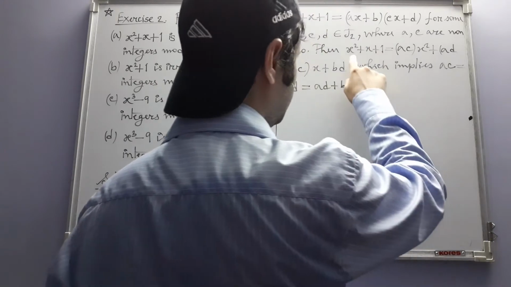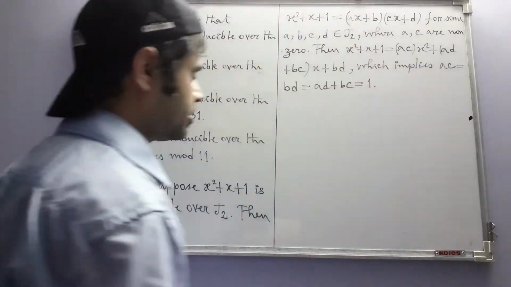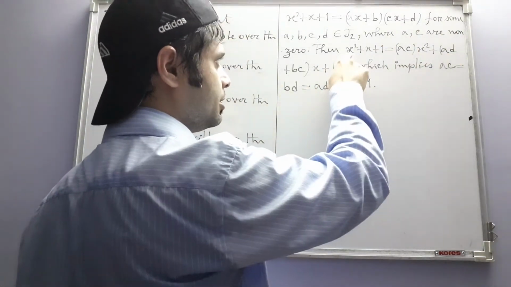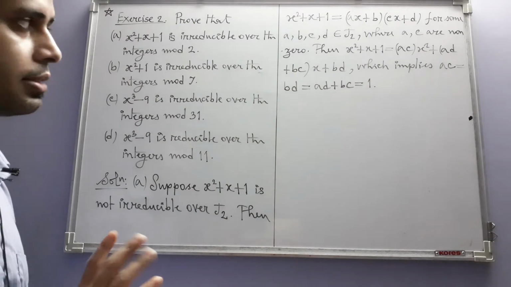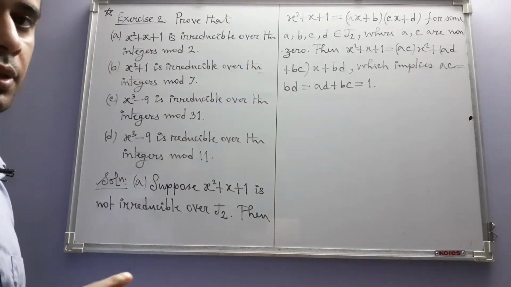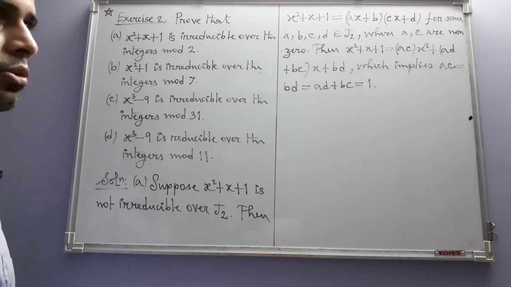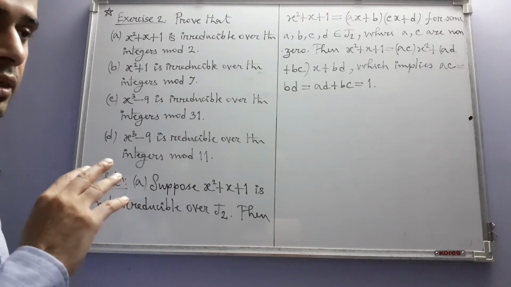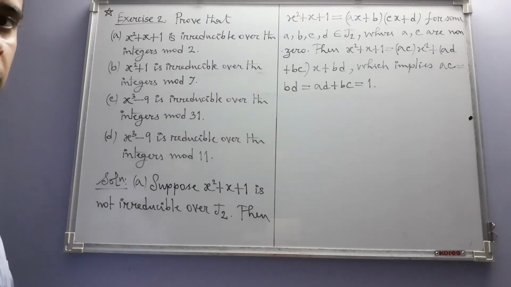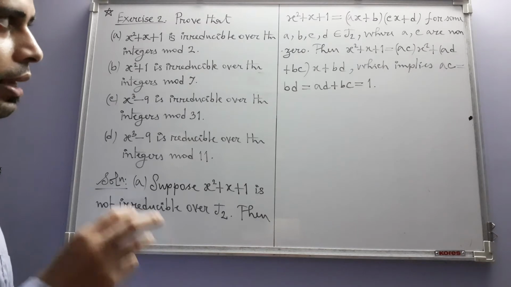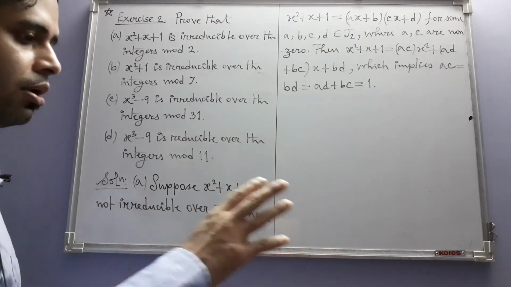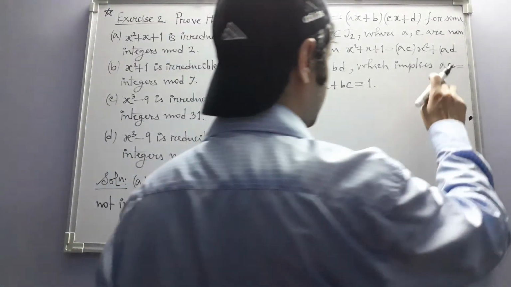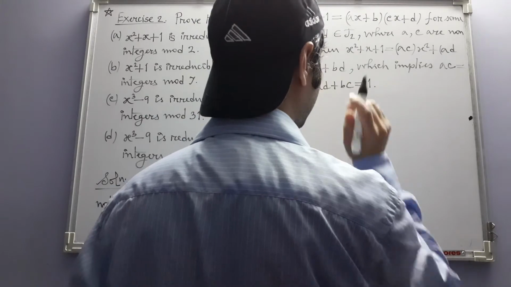So saying that these 2 expressions are equal does not mean that 2 field elements are equal. This x is not to be considered as a field element in J2. This x is something which we don't know and which we will never know, and it is immaterial; it does not make any sense to ask what x is. X is a part of the symbol that we use to write a polynomial. That's what x is. Okay, so that's why the coefficients are equal and we have got this.